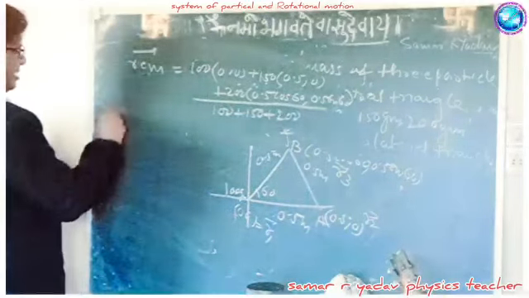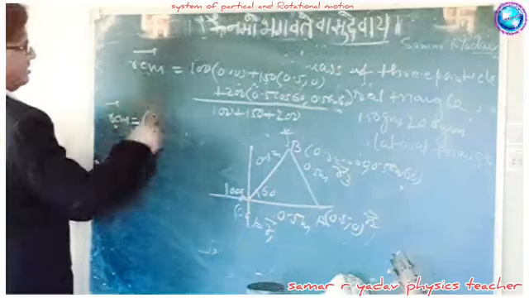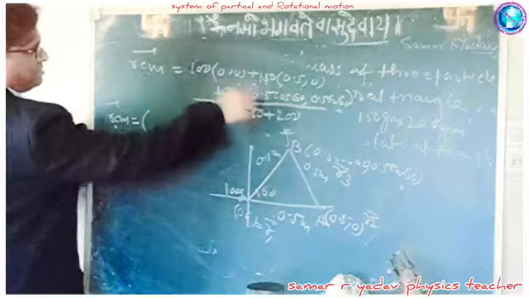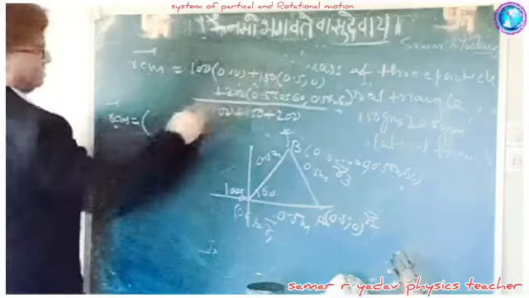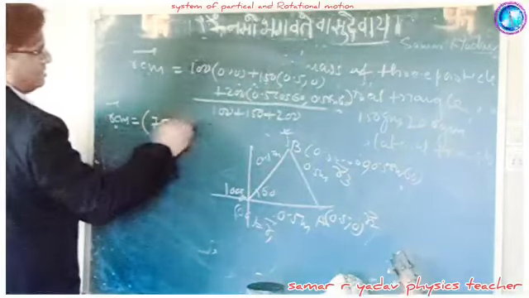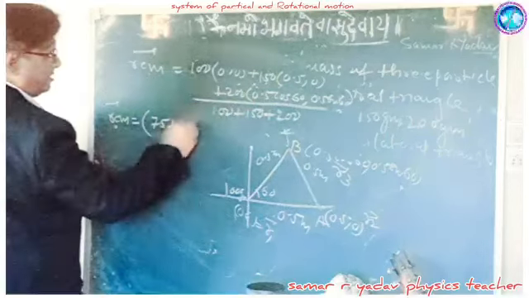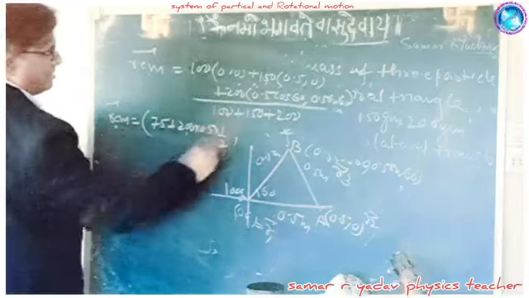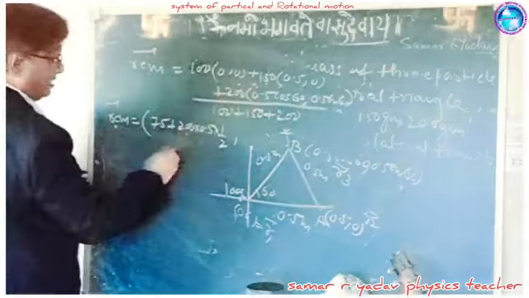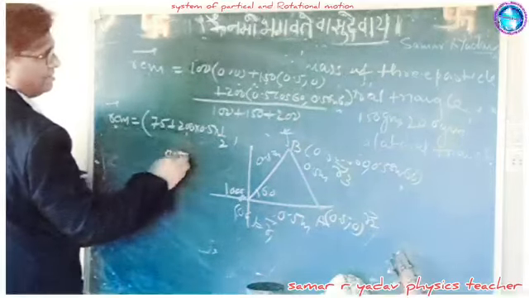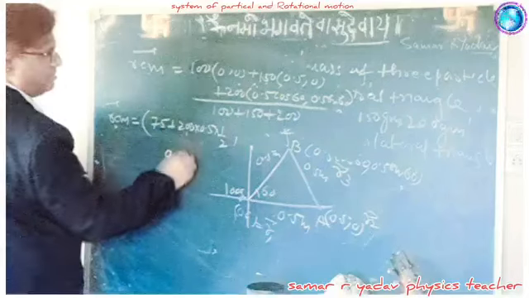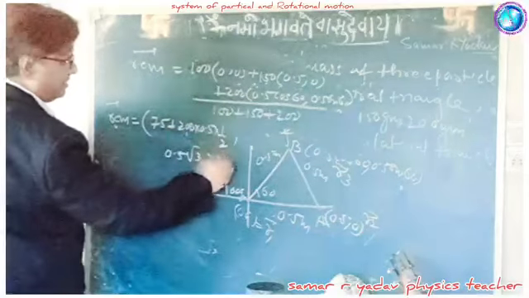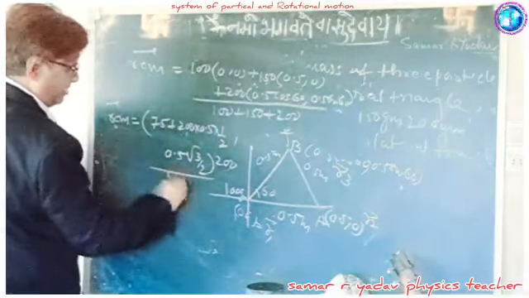Therefore, R_CM is equal to, now this coordinate will be 0, so finally first we write the x coordinate: 150 into 0.5, that is 75, plus 200 into 0.5 into cos 60, which means 1 by 2, comma, and second, 0.5 into sin 60, which means root 3 by 2, into 200, divided by 450.